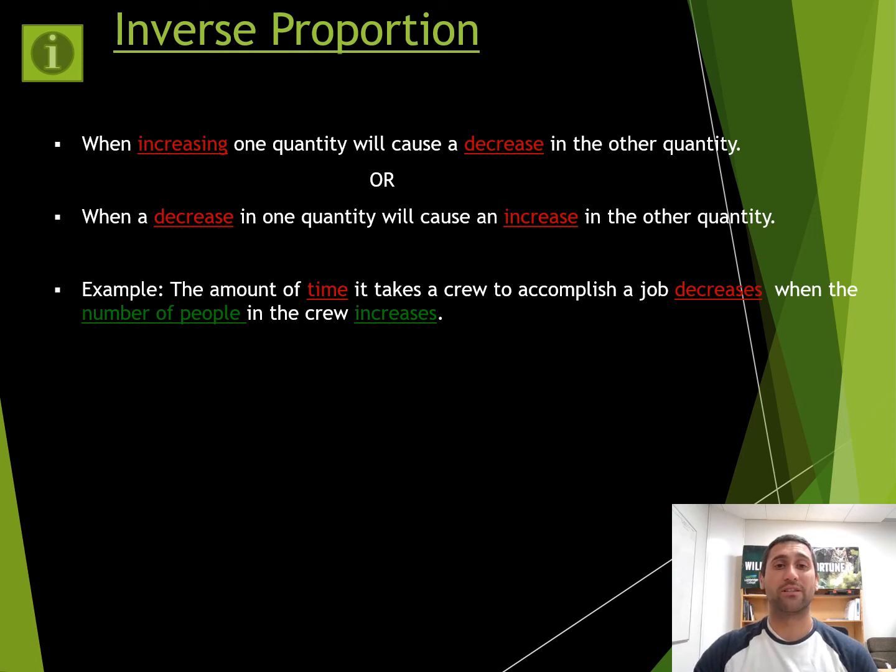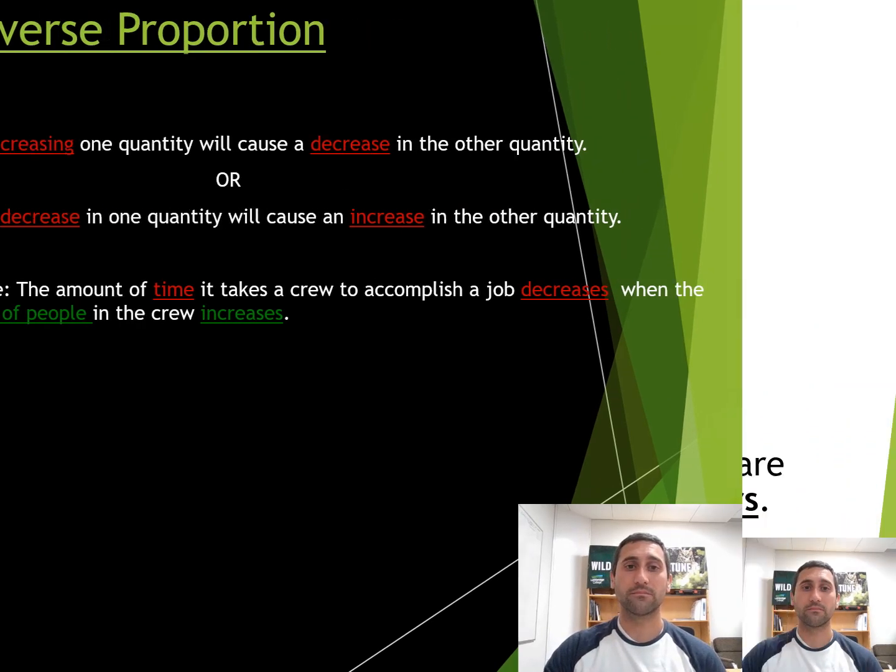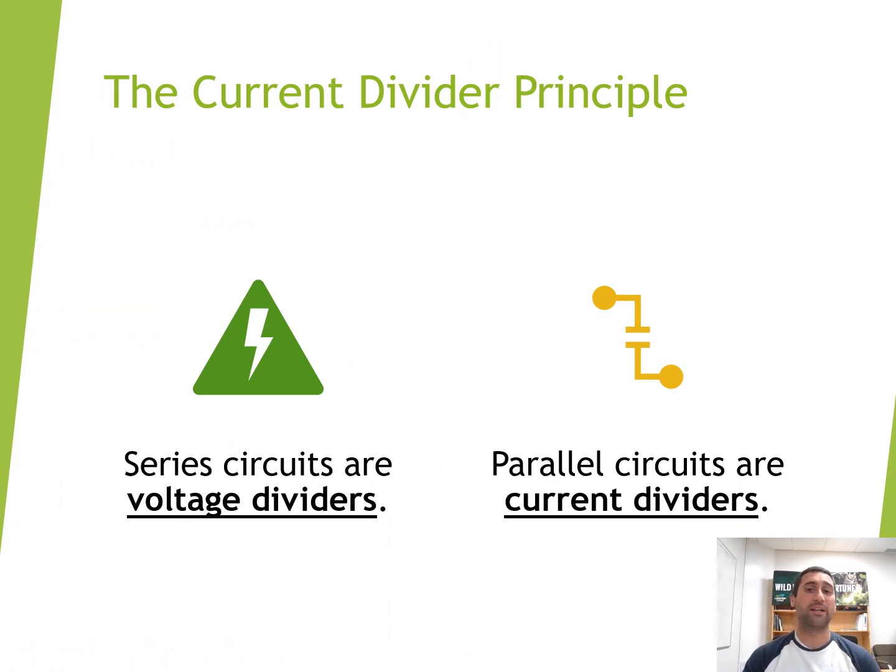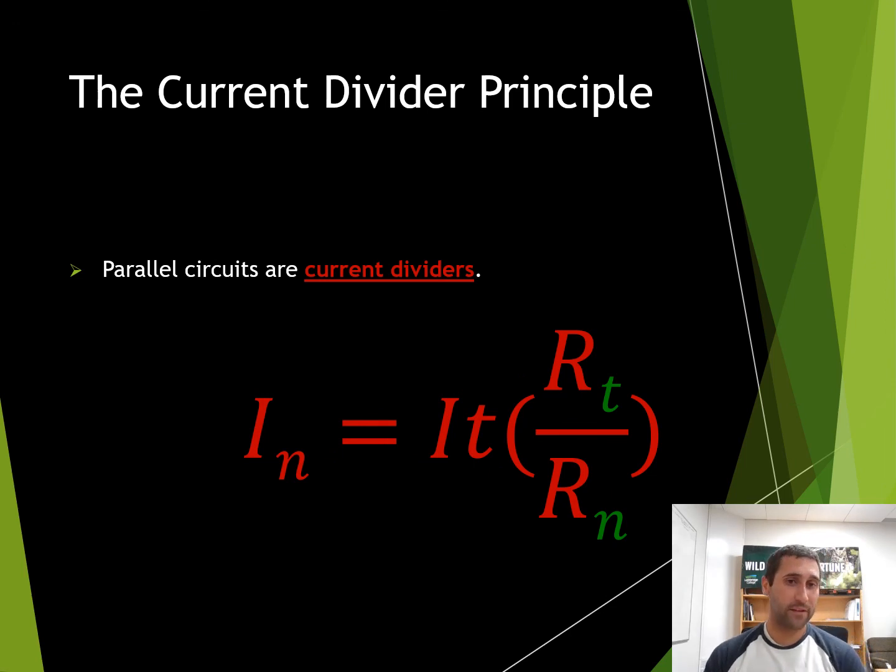Now we're going to talk about the current divider rule. The current divider principle is for parallel circuits, and we can recognize here that series circuits are voltage dividers, and parallel circuits are current dividers. More specifically, when I am looking for the individual value of a current in a branch, or IN, that's going to be equal to the total current multiplied by this ratio of the total resistance divided by the resistance in that particular branch.